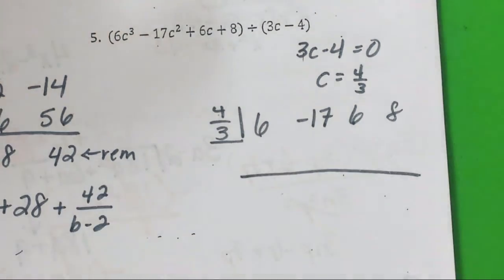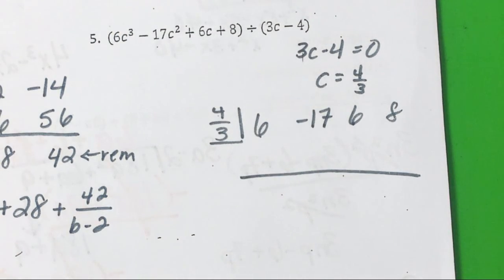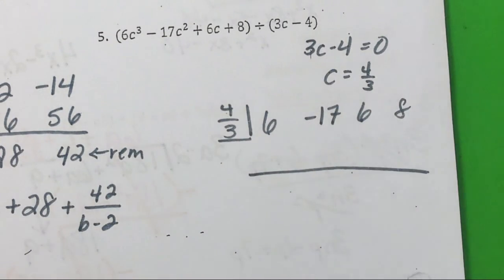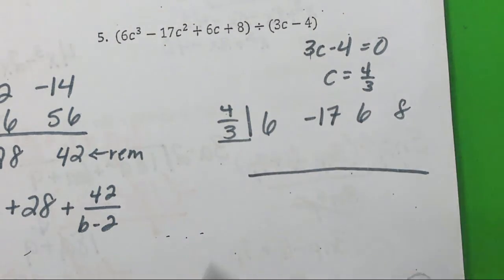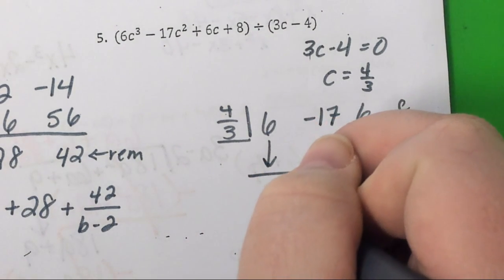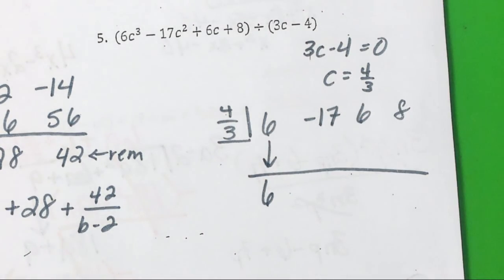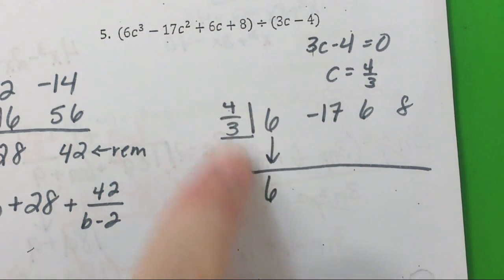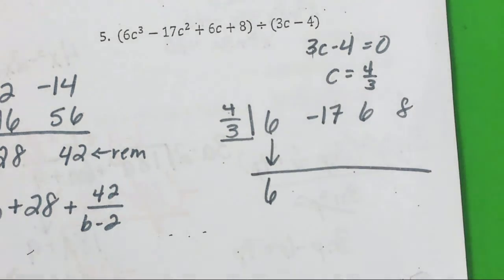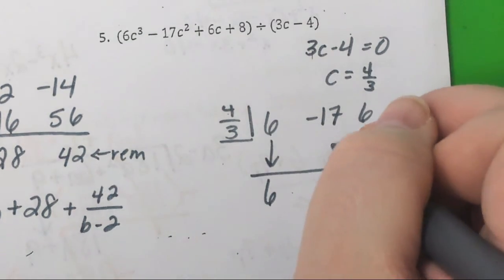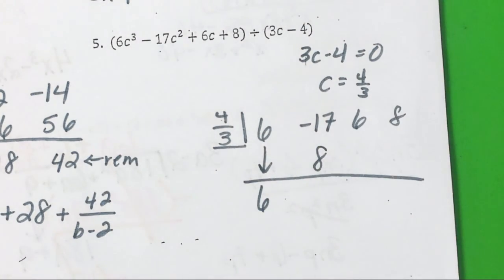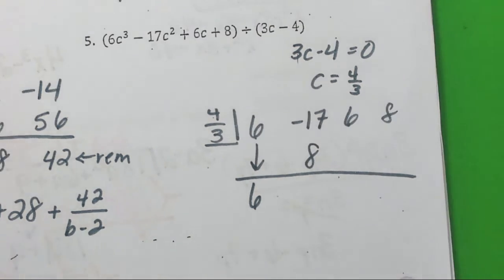Okay. So I can see the textbook's point about dividing each of these by 4/3 first. Fractions really don't scare me, but I could see if you don't like them why you would want to do this. Okay, I bring down my 6. 6 times 4/3 ends up being 24/3, which reduces to 8. Negative 17 plus 8 is negative 9.